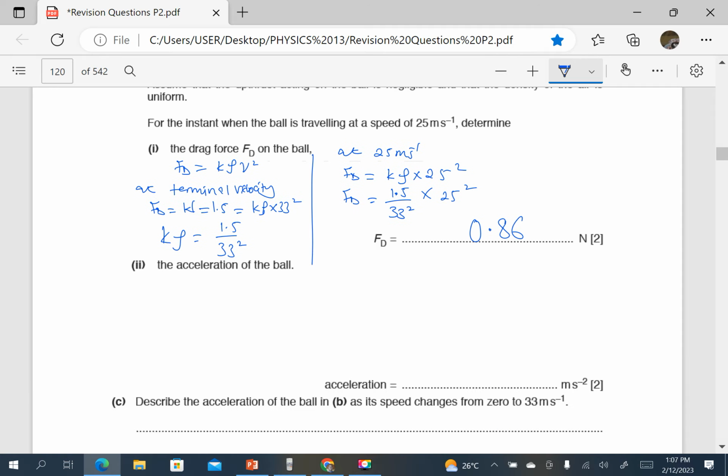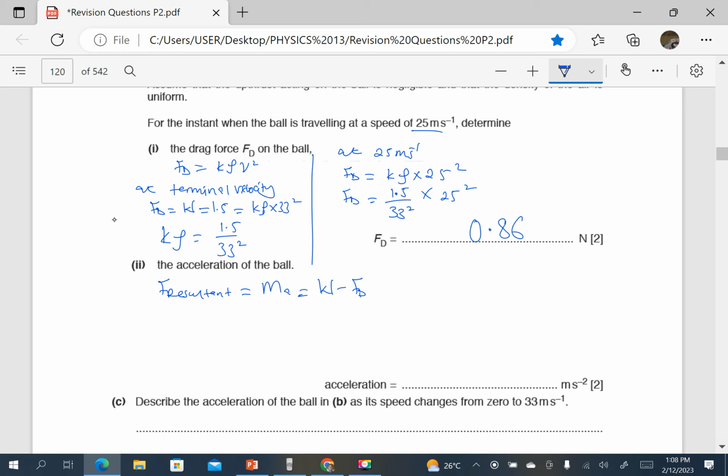The acceleration of the ball. We are going to determine the acceleration of the ball at 25 meters per second. So the resultant force, remember, is given by mass times acceleration, which is going to be the weight minus Fd, since weight is greater than Fd.